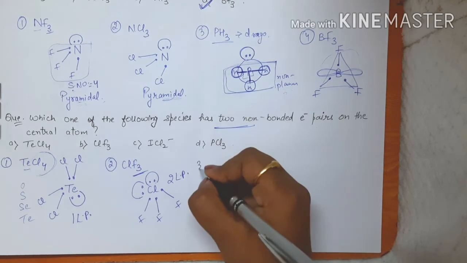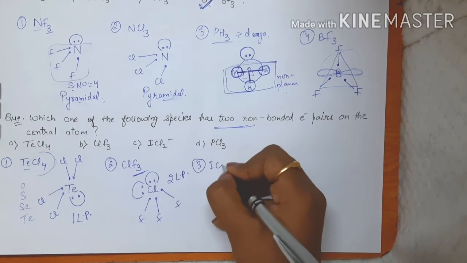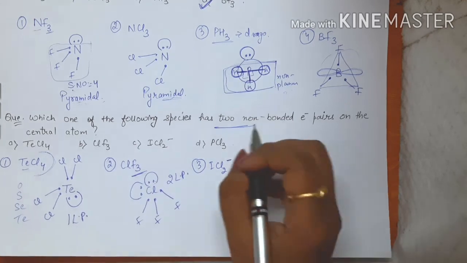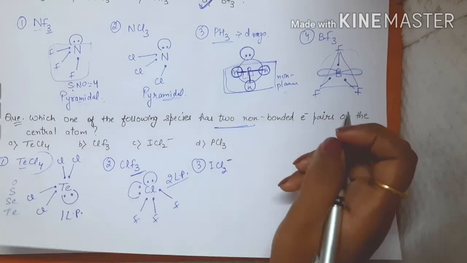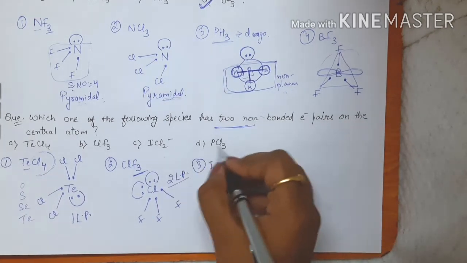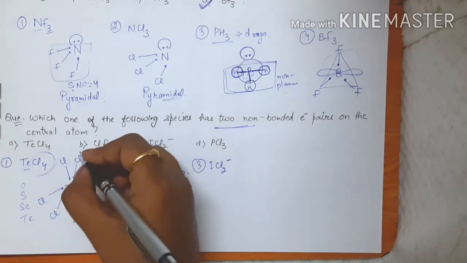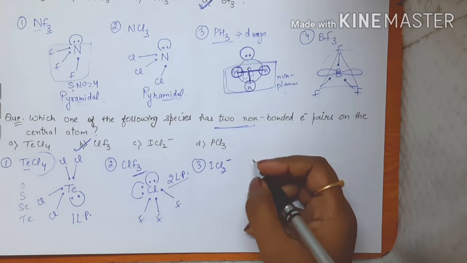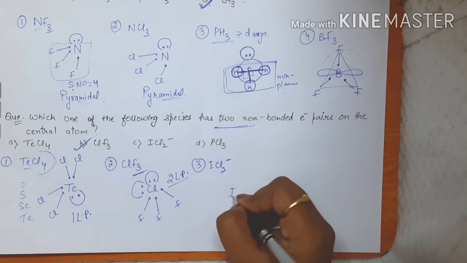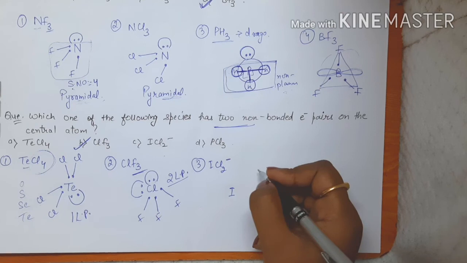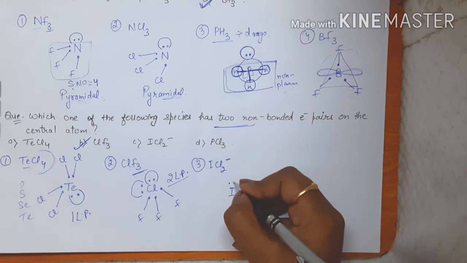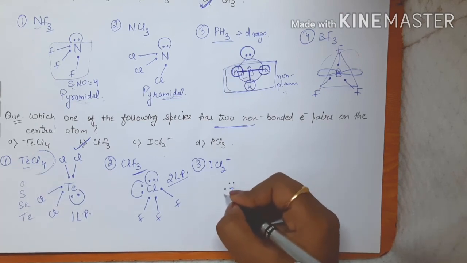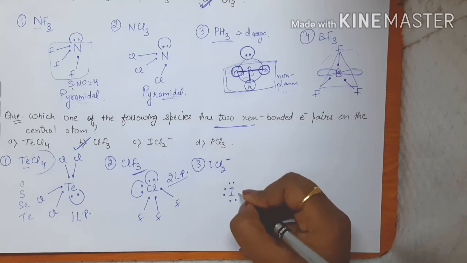So moving on to the third molecule, which is ICl2 negative. We have found our answer, but just for practice purposes we are going to solve for these 2 molecules also. Definitely the answer is option B. Now for ICl2 negative, iodine is going to be the central atom. Iodine belongs to the halogen family, so it is going to have 7 electrons in the valence shell.